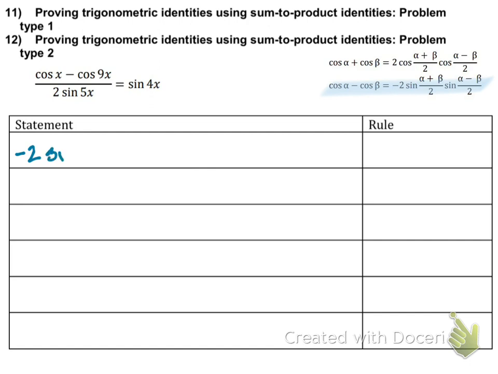Negative 2 times the sine of x plus 9x over 2, times the sine of x minus 9x over 2, and then divided by that 2 sine 5x.